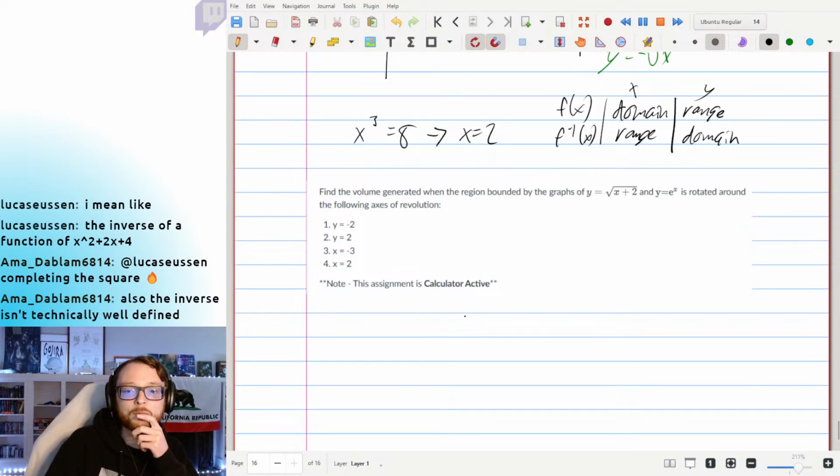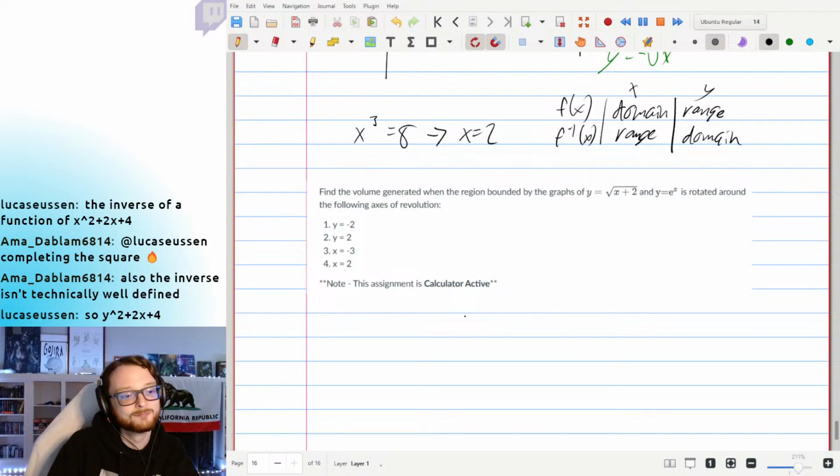And this table I'm making isn't a perfectly made table. There's some subtleties here that I'm ignoring, what domain and range actually mean, but that's kind of where the idea comes up, where the range of f becomes the domain of f inverse.